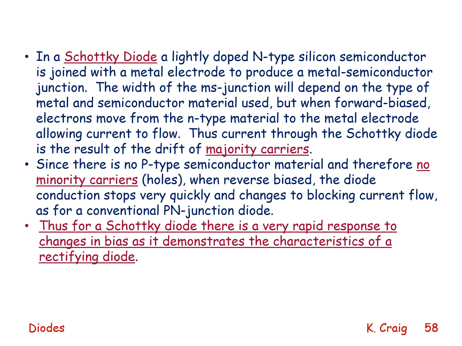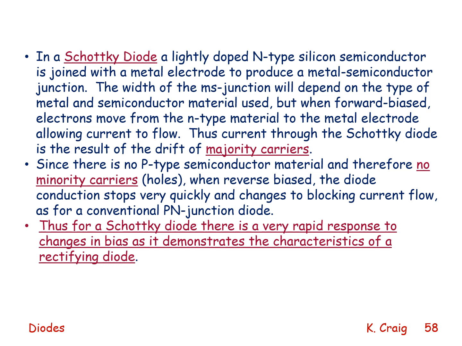In a Schottky diode, a lightly doped n-type silicon semiconductor is joined with a metal electrode to produce a metal semiconductor junction. The width of the MS junction will depend on the type of metal and semiconductor material used, but when forward biased, electrons move from the n-type material to the metal electrode, allowing current to flow. Thus, current through the Schottky diode is the result of the drift of majority carriers.